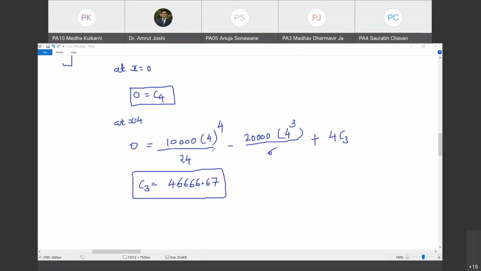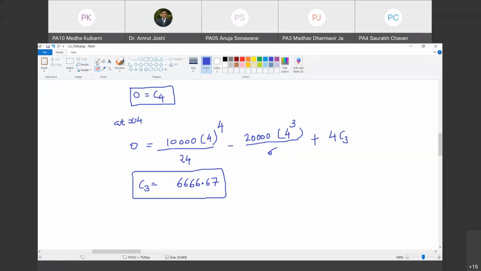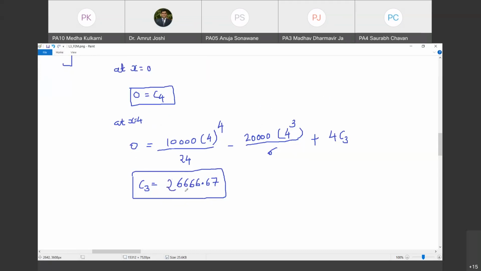So I'll also check it once. I think it might be incorrect. So somebody said it is 26,666.67. I have substituted the first term into raised to 3. Okay, 26,000.